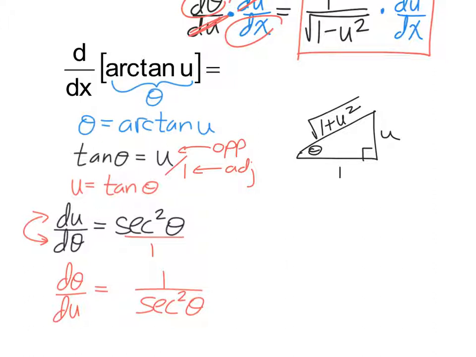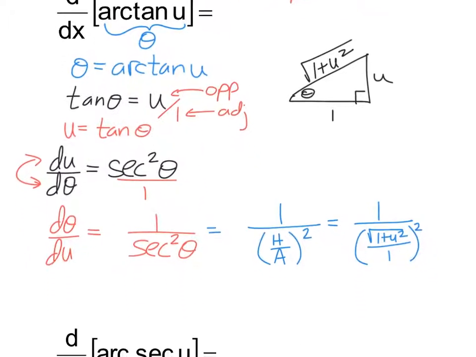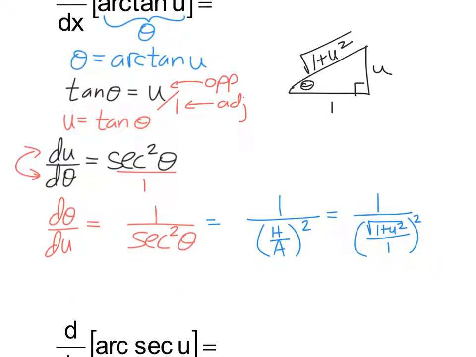All right, now the secant function has a ratio of hypotenuse over adjacent, but we're going to be squaring that. So 1 over, I'll take my hypotenuse, put it over the adjacent, and square. And surprisingly, it cleans up because it didn't look like it was going to. D theta du would be equal to 1 over 1 plus u squared.